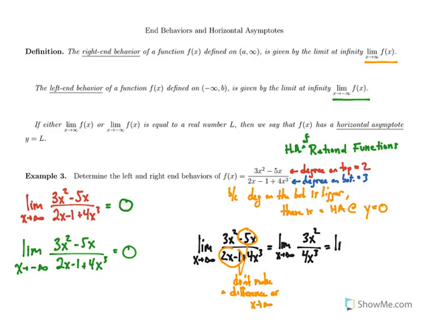Then we can say, algebraically, that this is just equal to 3 over 4x. And this, we know, is going to go to 0 because the bottom is so much bigger. If we plug in really, really big numbers for x, that's going to be 3 over a really, really big number, which is a really, really small number. So we're going to say something like 1 over big, which is equal to 0. And we'll investigate that further in the next video as well.